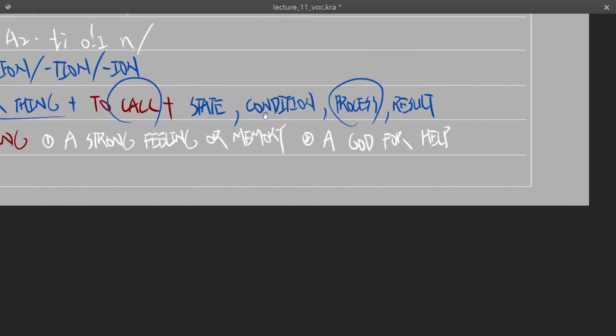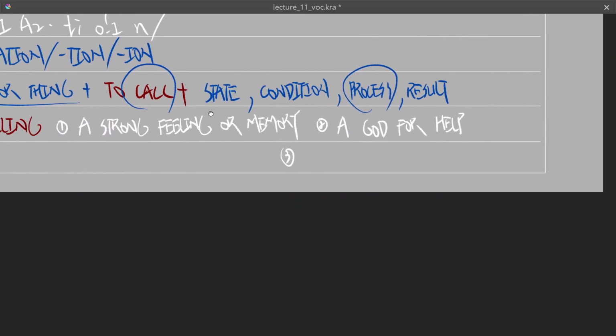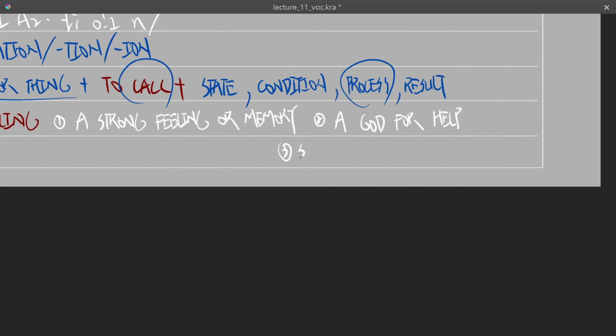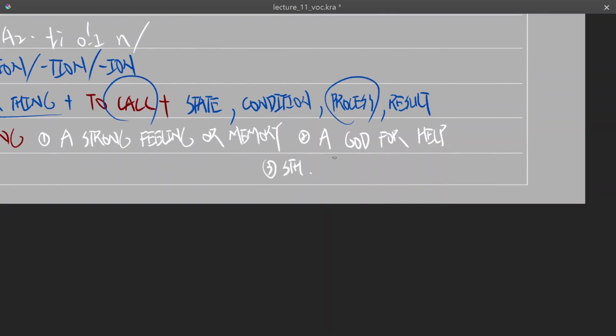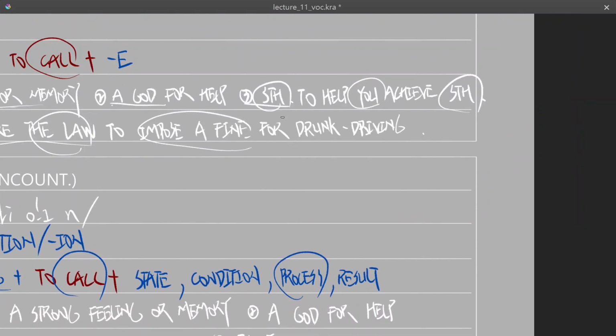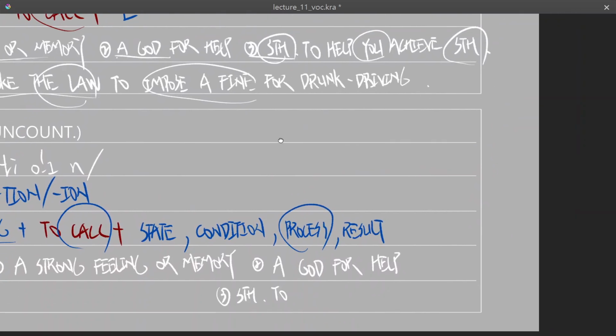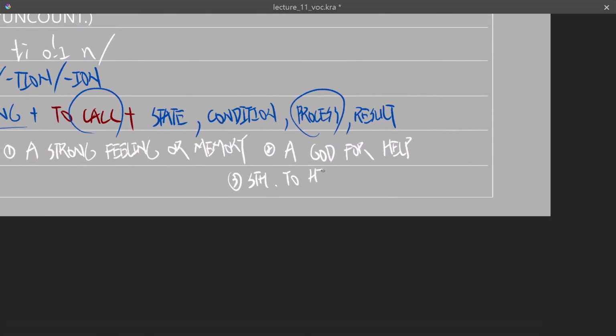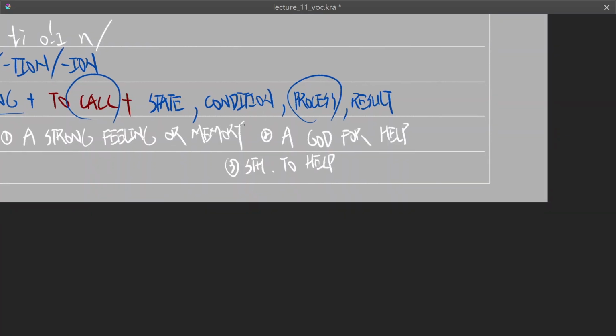We could also call something to help you achieve something.